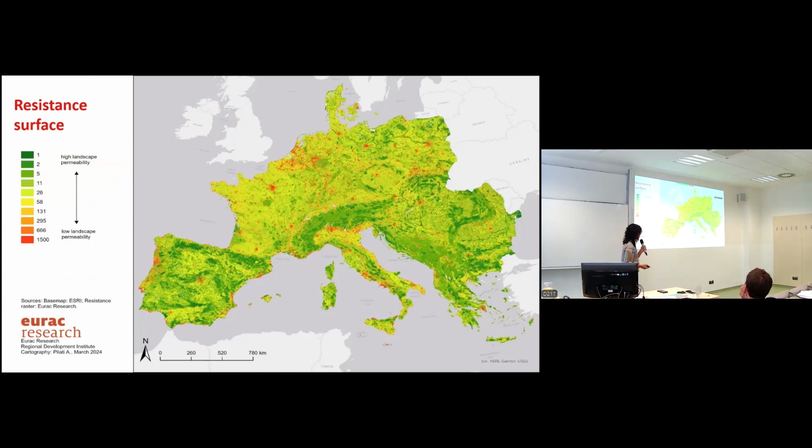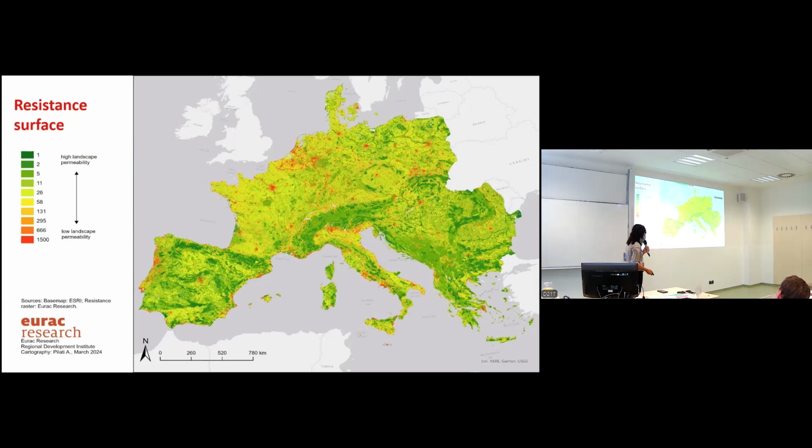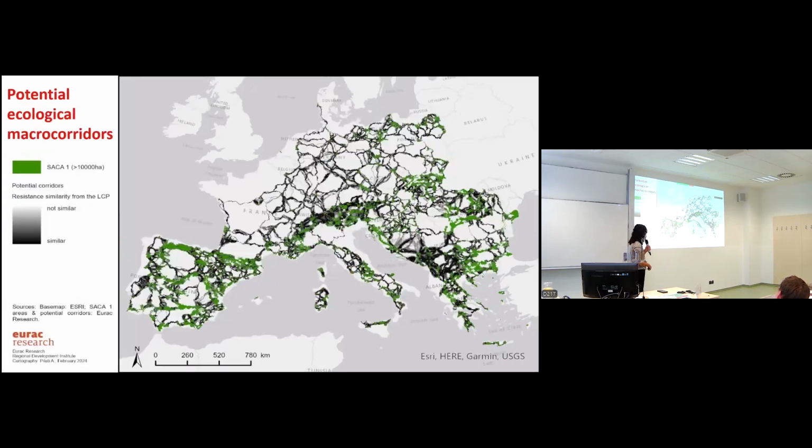So how we did that: we took these green areas, the SACA 1, the ones that are the most permeable to biodiversity, and we overlapped them with the resistance surface. Then we asked the model to find the least cost path, so the path with the lowest resistance between these areas. This is the result.